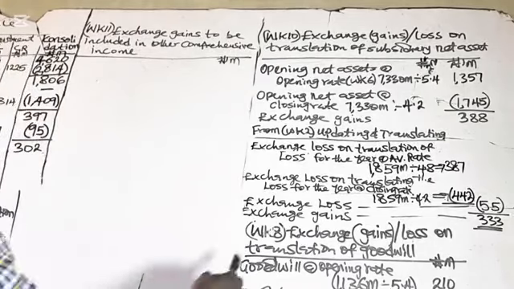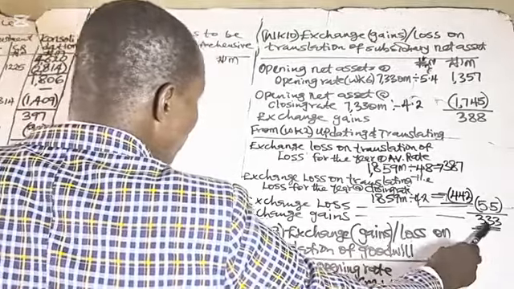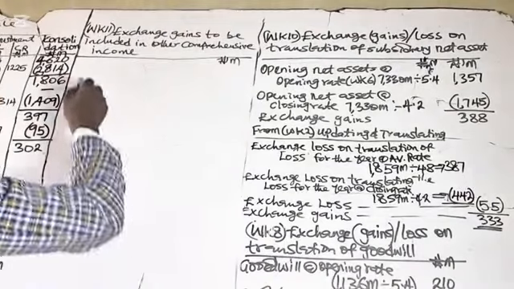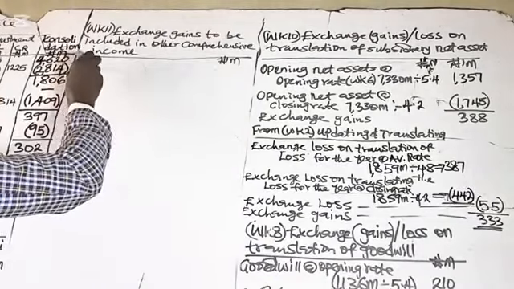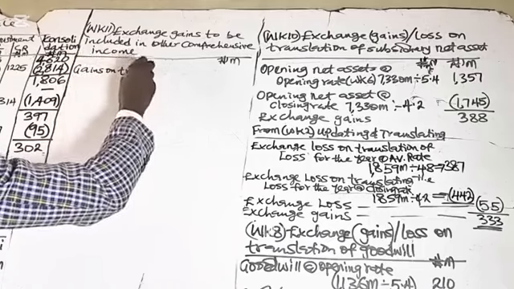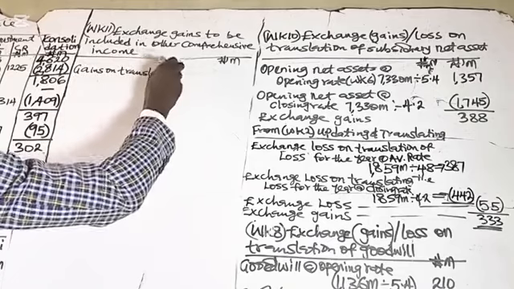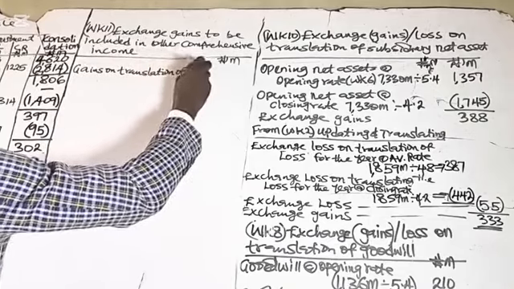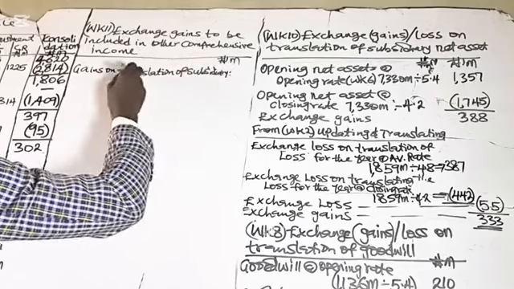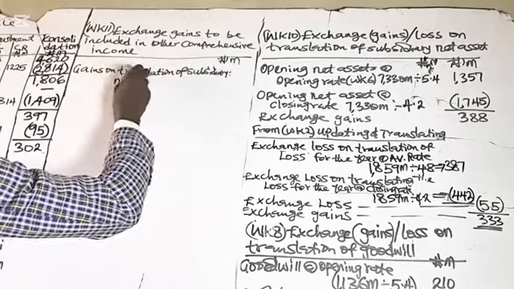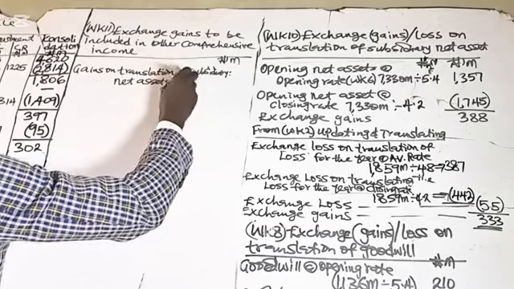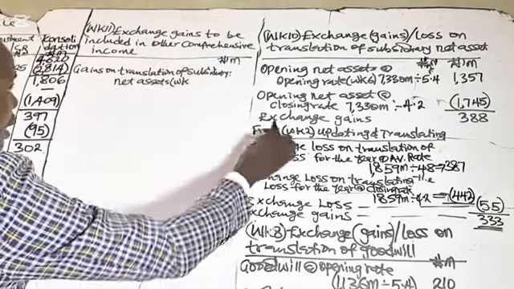So we have exchange gains on translation of subsidiary net assets. That is working number 1 and working number 10.